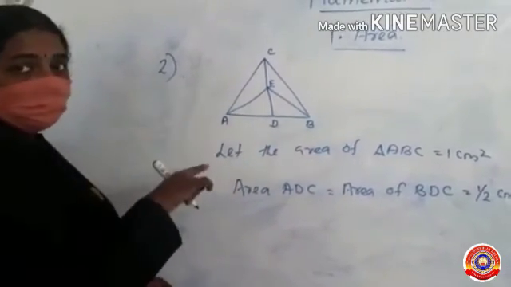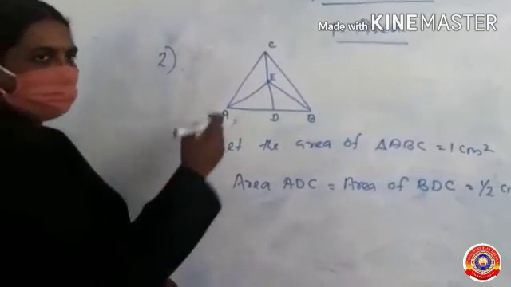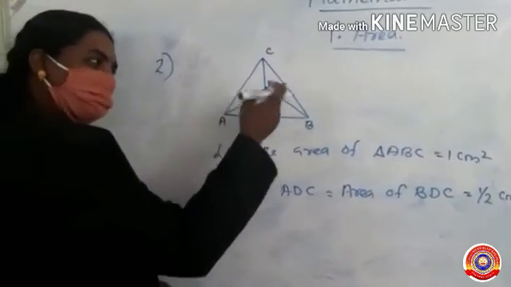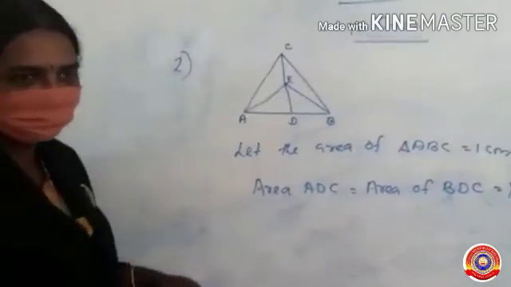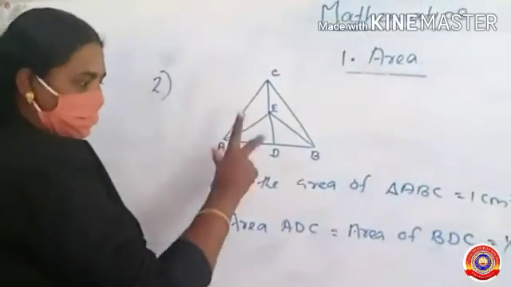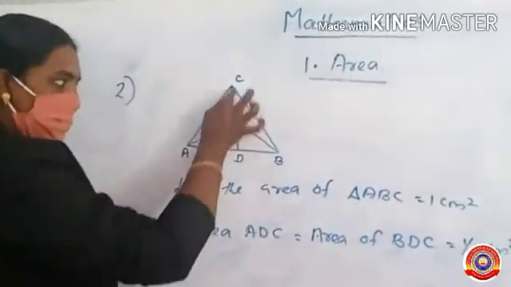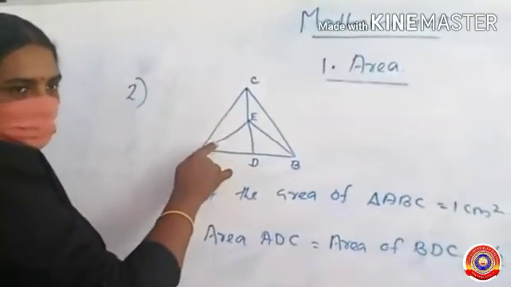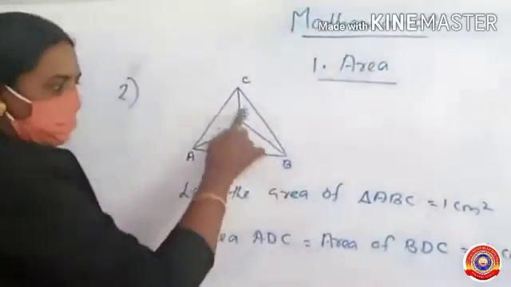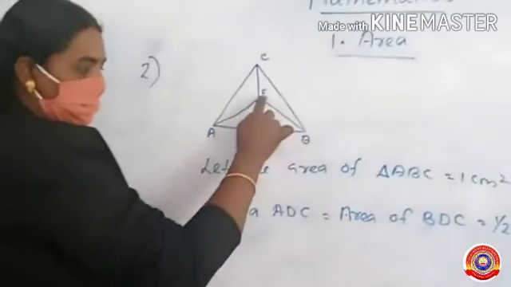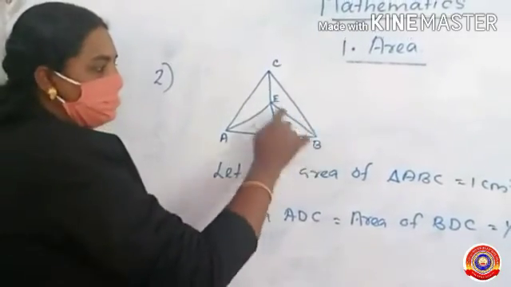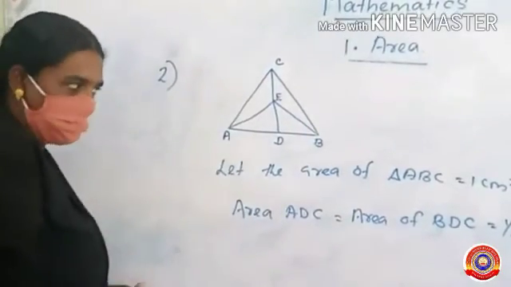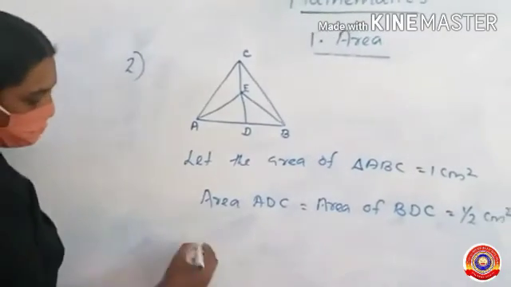Then, the triangles formed on the left and right sides are equal. On the left side, triangle ADC is divided into two equal triangles ADE and ACE. On the right side, E divides the triangle BDC into two equal triangles BDE and BCE.